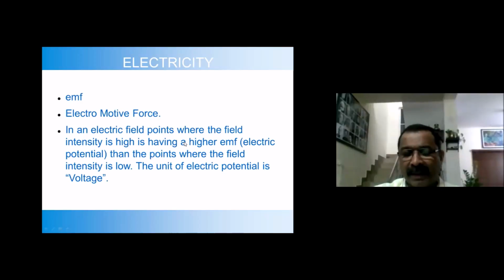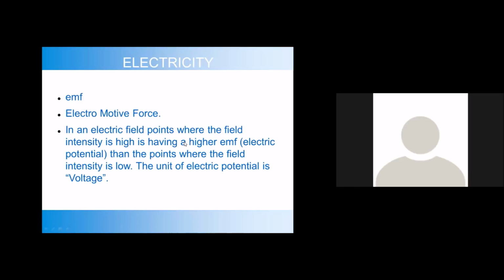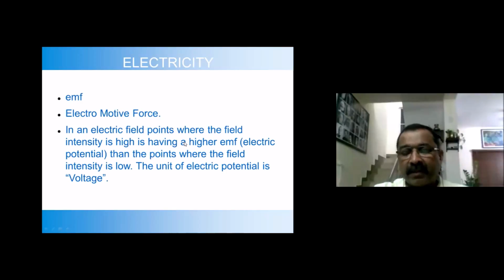EMF at a higher level means that point has more electrical charges. Let us say there are so many free electrons there. In a practical way, we can say that if the voltage at a point is high, more electrons are there.